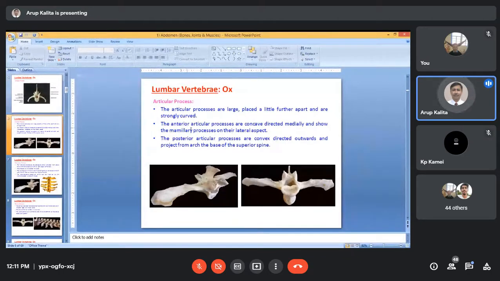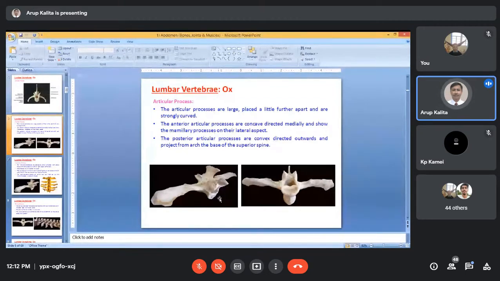The anterior articular processes are large, placed a little further apart, and are strongly curved. You see, there is a curve here. The anterior articular processes are concave, directed medially, and so the mammillary process is on their lateral aspects.